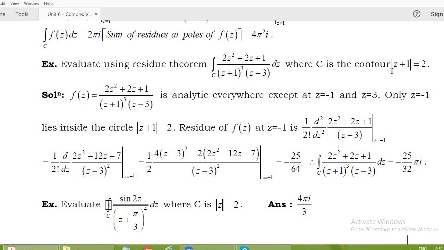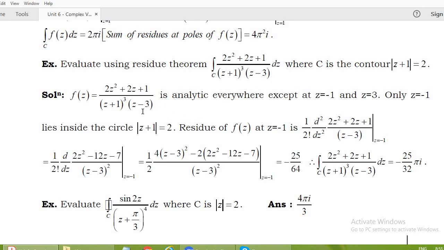If we put z = −1, that becomes modulus of 0, which is less than or equal to 2, so obviously z = −1 lies within the circle. What about z = 3? Modulus of 3 + 1 is 4, which exceeds 2, so it is lying outside. Even if we do not draw the diagram, we can still realize this.